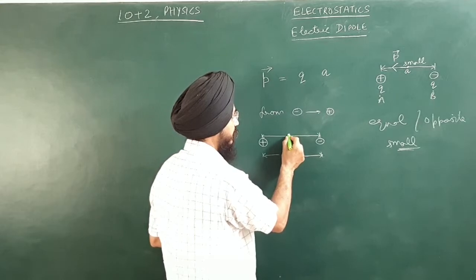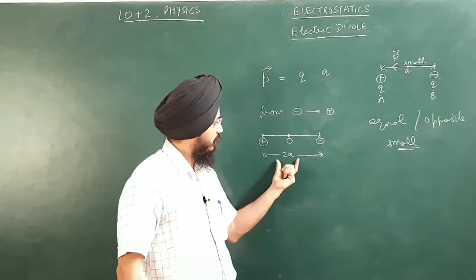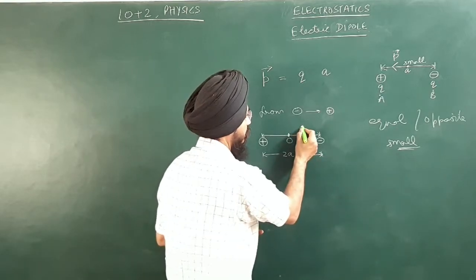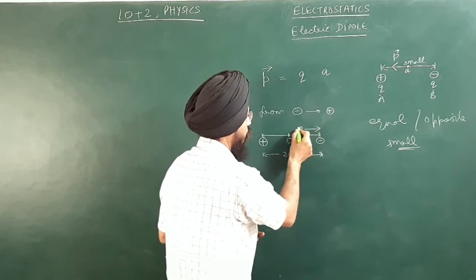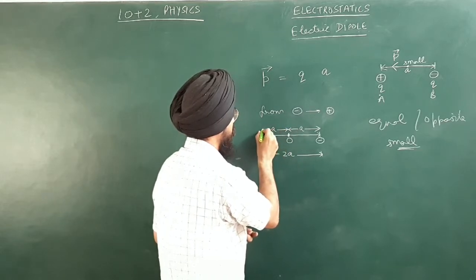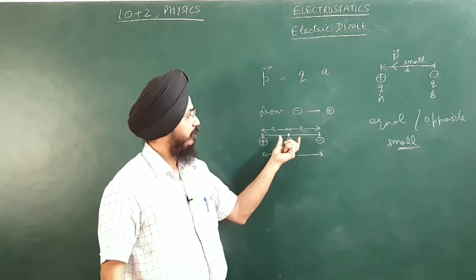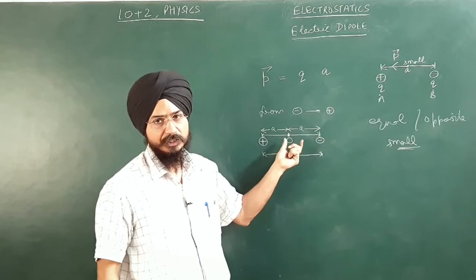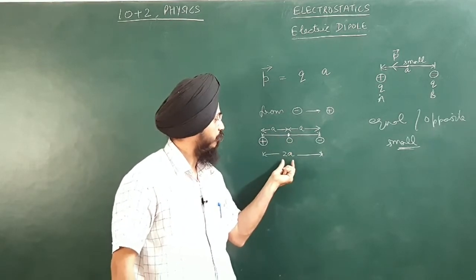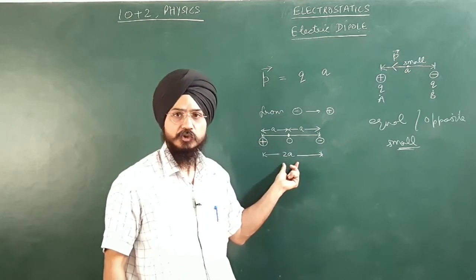If we need a distance from the center O of the dipole, then this distance is broken into two portions, a and a. So we will easily solve the calculations if we take the distance as 2a.